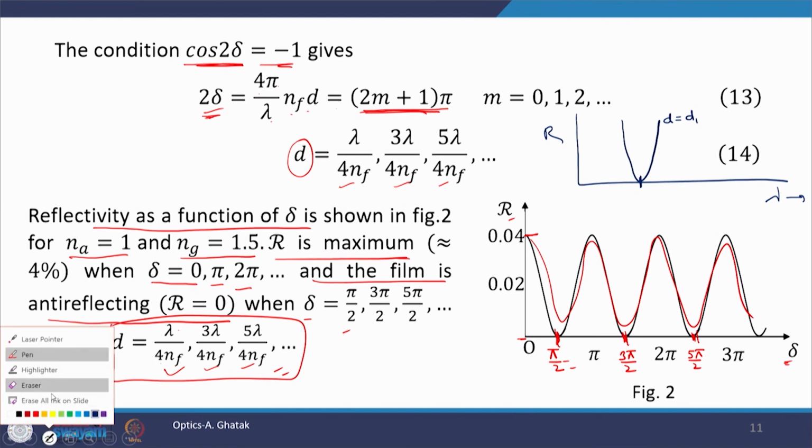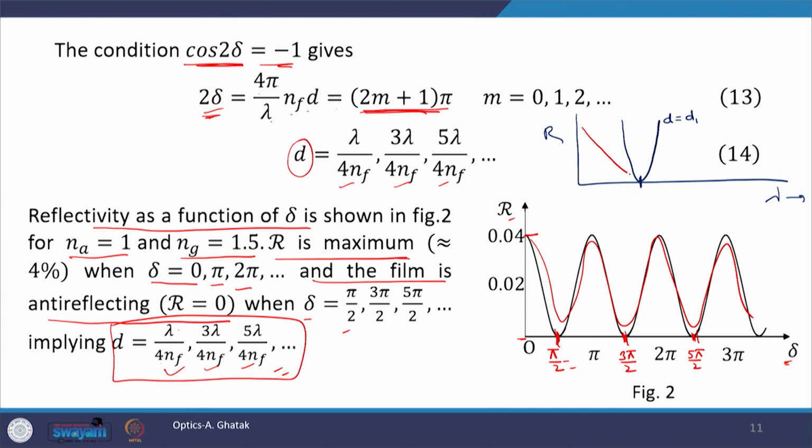Let us pick another color and draw again a minima, and this is for d equal to D2, and D2 is smaller than D1.